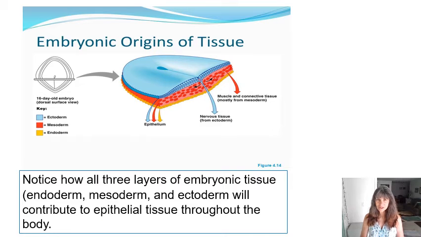All three layers of this embryo will contribute to epithelial tissue throughout the body. Looking more closely, we can see that muscle and connective tissue is mostly derived from mesoderm. Nervous tissue is mostly derived from ectoderm. But again, all three layers, endoderm, ectoderm, and mesoderm, will contribute to epithelial tissue.